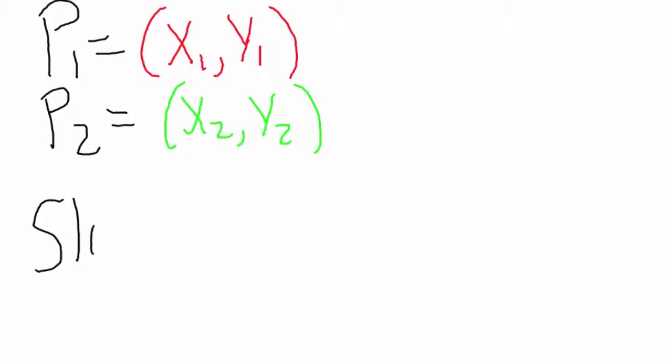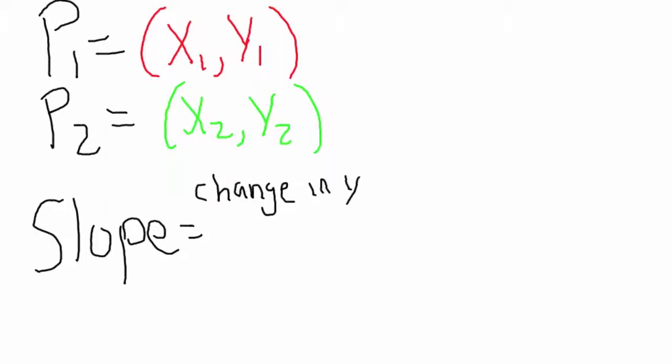Now to find the slope of a line, you take the change in y values divided by the change in the x values, or difference in y values divided by the difference in the x values.